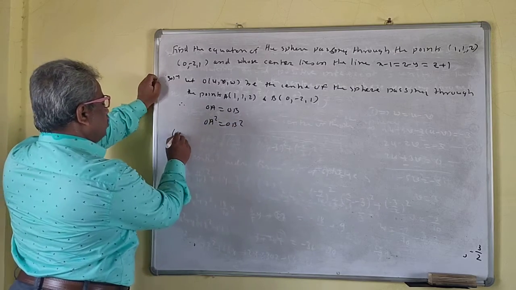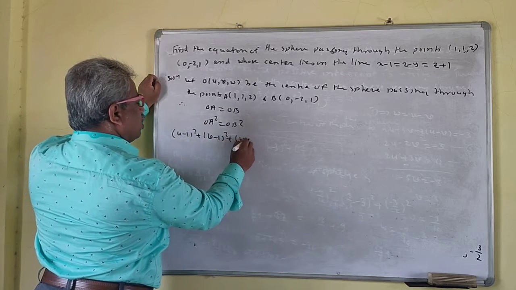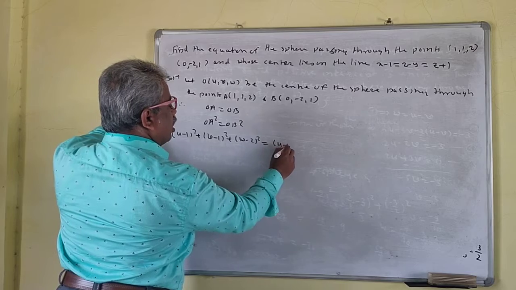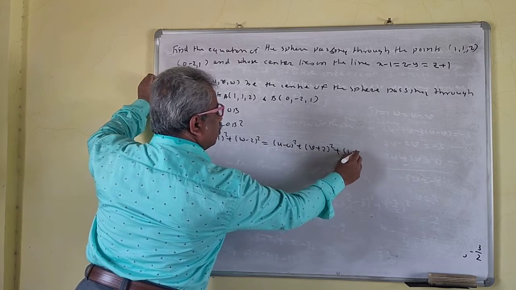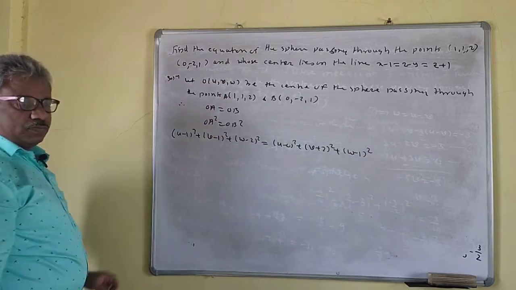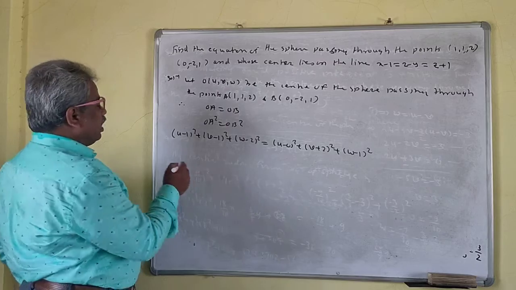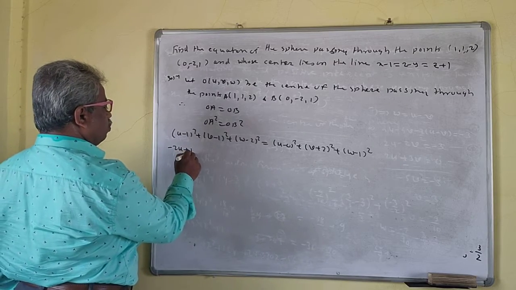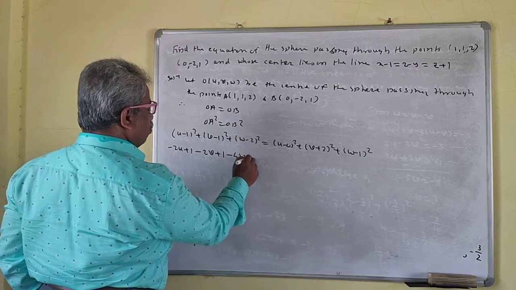So (u - 1)² + (v - 1)² + (w - 2)² = (u - 0)² + (v + 2)² + (w - 1)². The u square, v square, w square get cancelled, so we just write the middle term and the last term: -2u + 1, -2v + 1, -4w + 4.